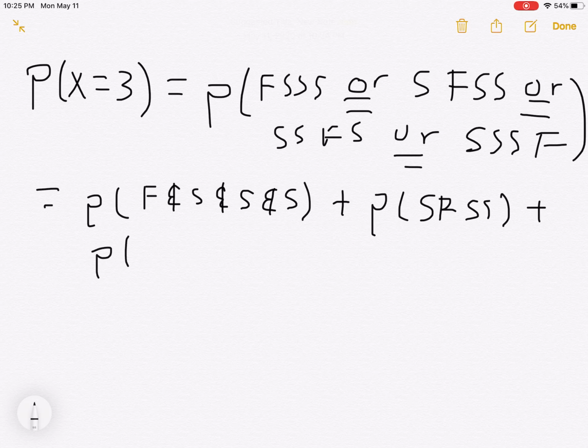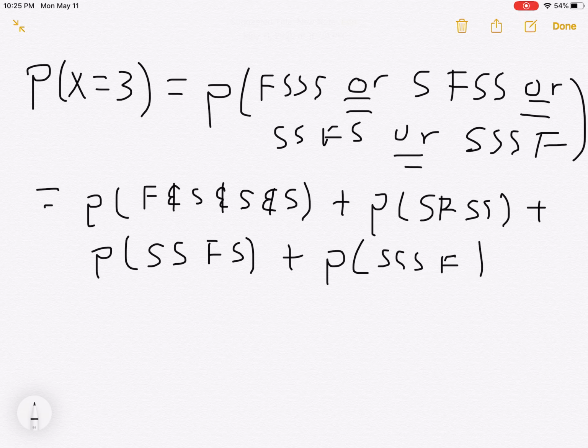Plus probability of success, success, failure, success. Plus probability of success, success, success, failure. And really, this event right here is the first is success, the second is success, the third is success, and the fourth is failure.